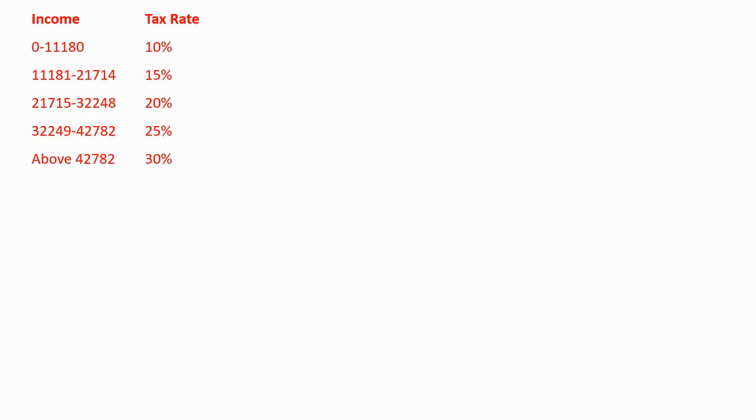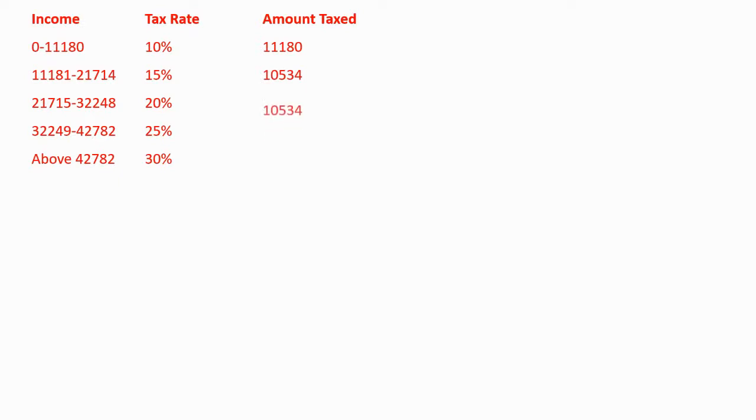So when you subtract the two, you obtain the amount taxed in that bracket, which is 11,180.